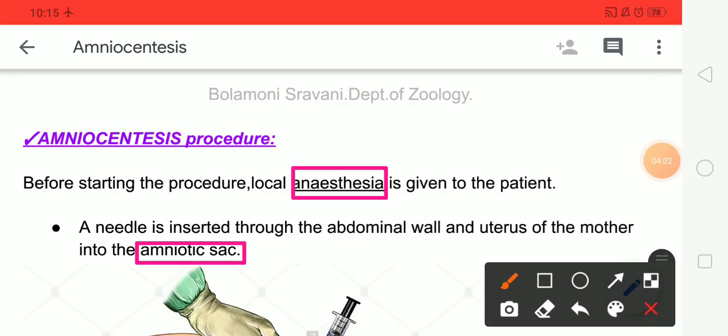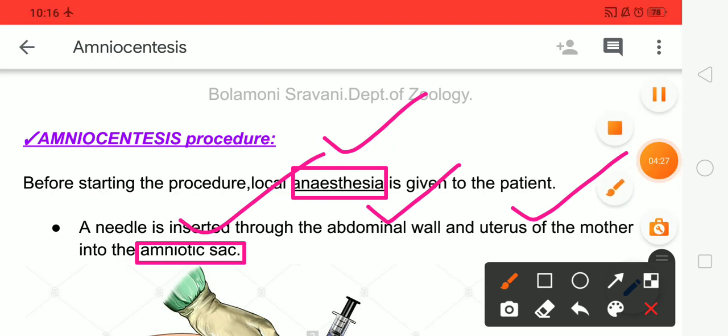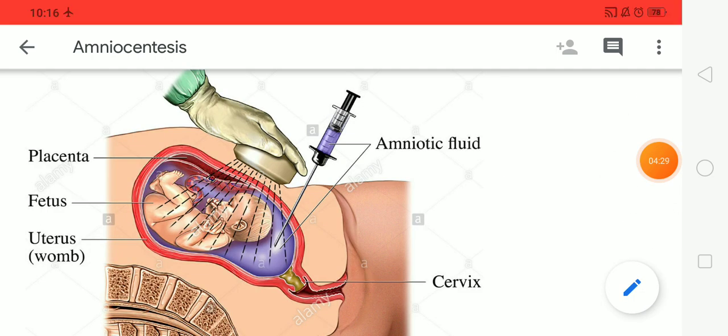Now let us know how the amniocentesis procedure is done by the physician. Before starting the procedure we have to give local anesthesia to the patient, and the first step is to insert a needle through the abdominal wall and the uterus of the mother into the amniotic sac. See in the diagram, in this way we inject the syringe into the amniotic sac.